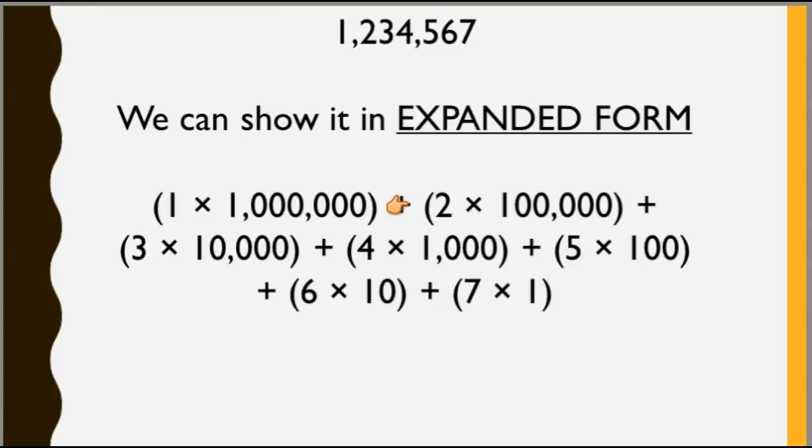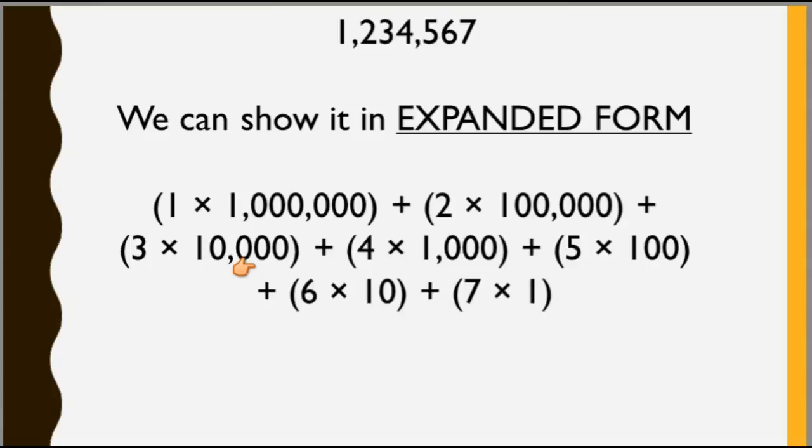Then you're going to add it to the next place value. There's a 2 in the 100,000 place, so 2 times 100,000. You're going to keep that in its own little place by using those parentheses, and you're going to add it to the next place value. It's a 3 in the 10,000 place. 3 times 10,000. And you just go through the whole entire number like that.